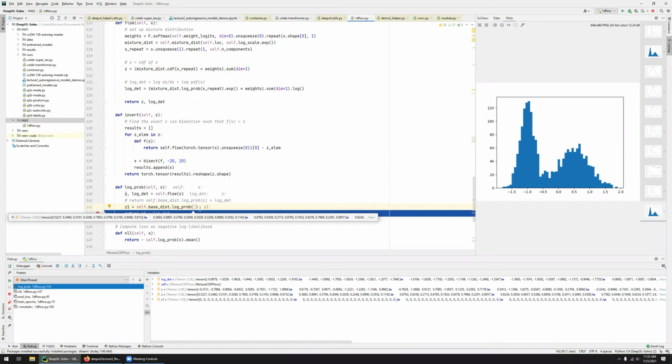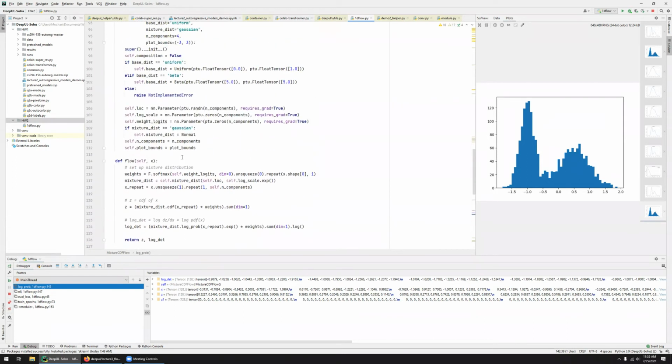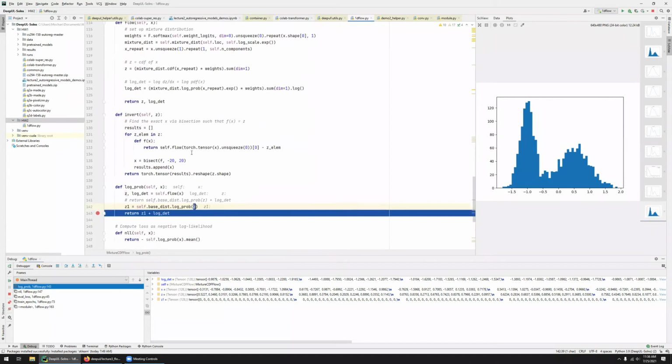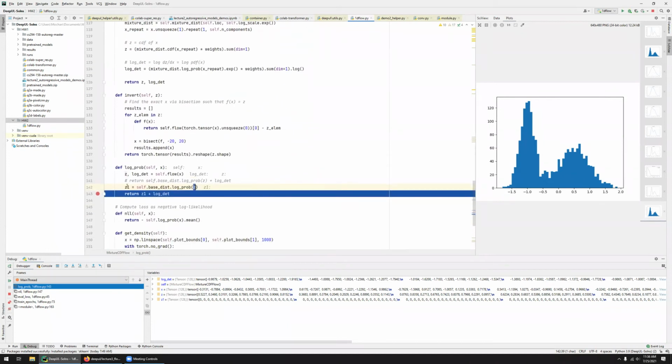Correct. So since Z is the output of that, Z is not uniform normal, right? So log probability of Z, where Z comes from a mixture of distribution, times the weights, and then the weights initialized to 0, or are the weights initialized randomly? Oh, uniform has no weights, I believe. No, I'm saying 0 to 1. My point is Z is not coming from... Yeah, Z comes from a mixture of Gaussians.